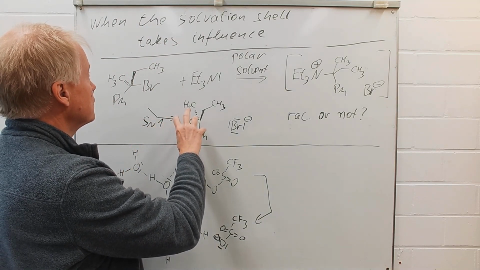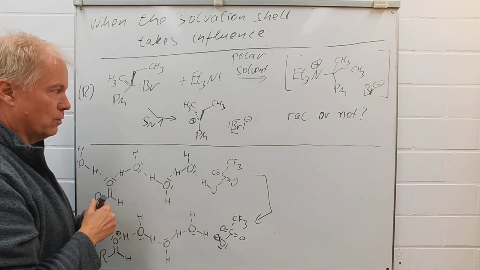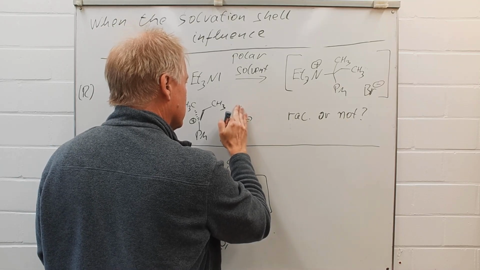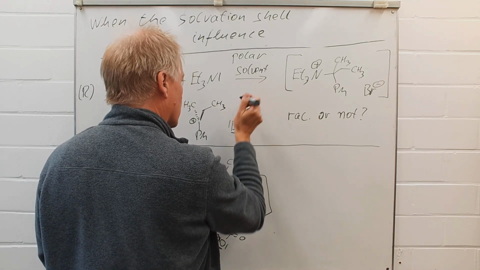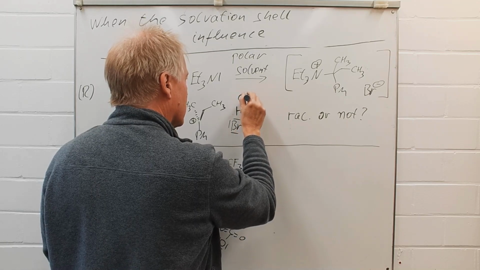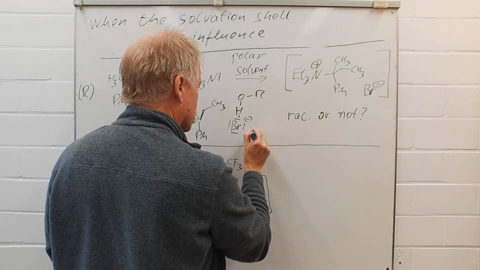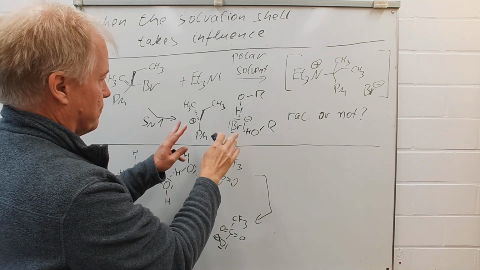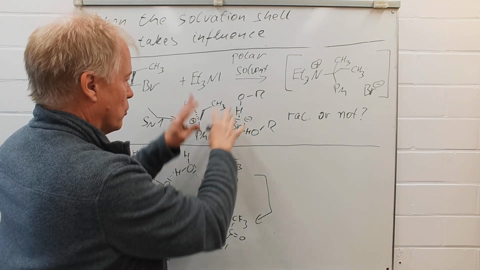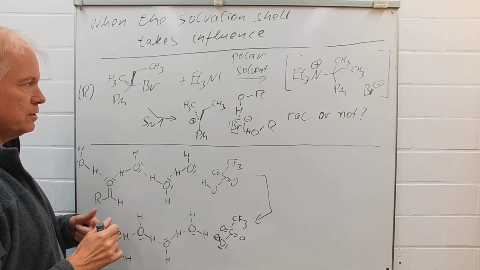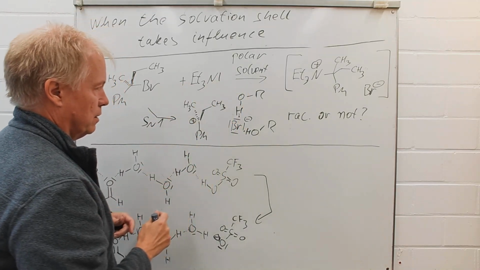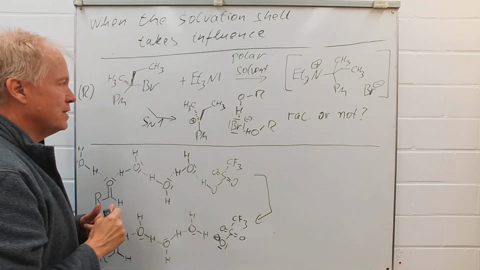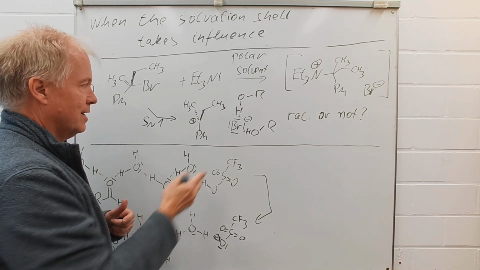Well, we have a solvation shell around it, let's say an alcohol, then by hydrogen bridging bonds this bromide is stabilized, and within the shell it becomes more difficult to get away from the countercation.